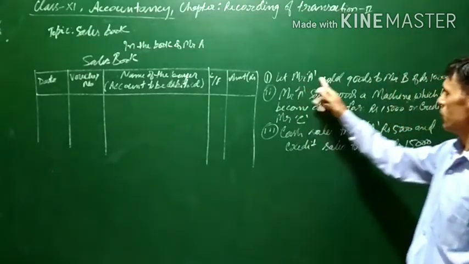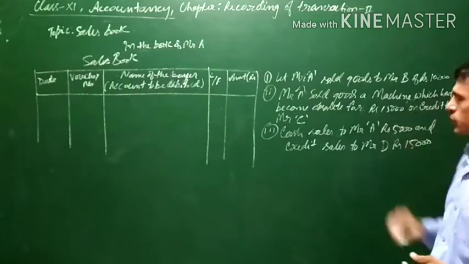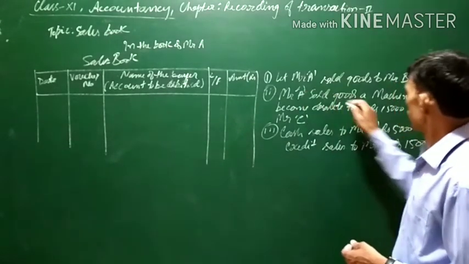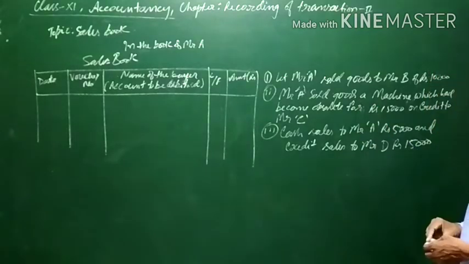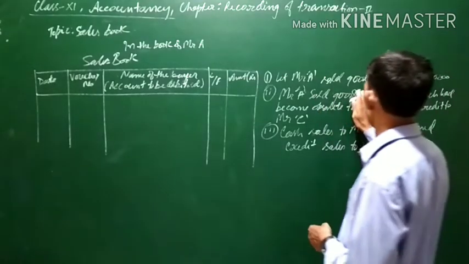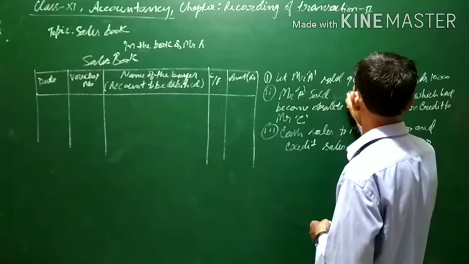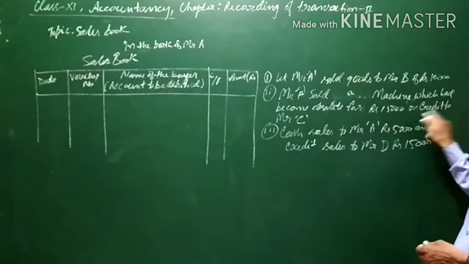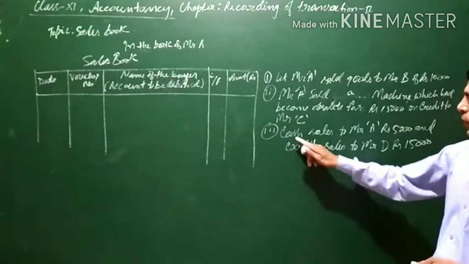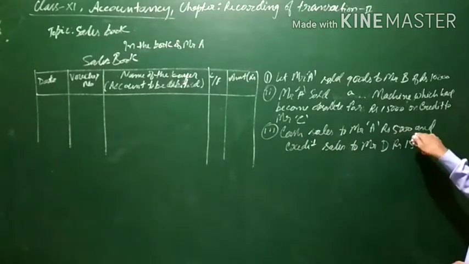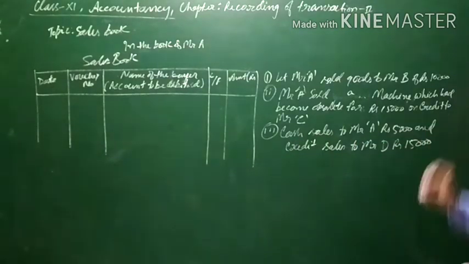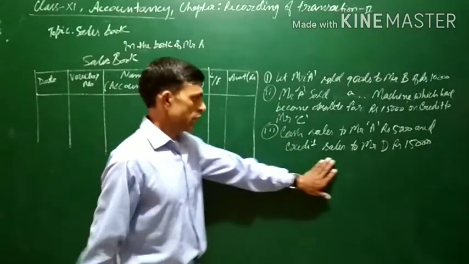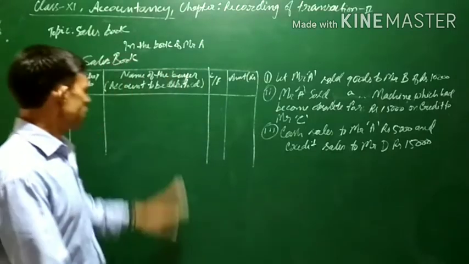Mr. A sold goods to Mr. B for rupees 10,000, and Mr. A also sold a machine which had become obsolete for rupees 15,000 on credit to Mr. C. And third is cash sale to Mr. A, rupees 5,000, and credit sales to Mr. B, 15,000. Now this is the question, and the recording of this will be done in the sales book.